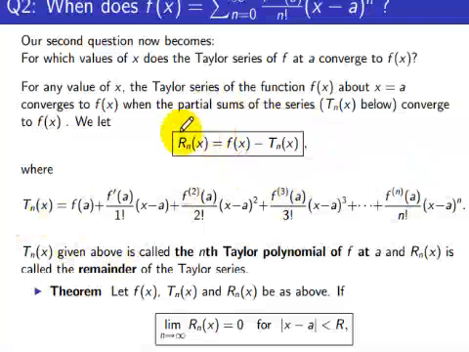So you can bound this error, right? You can find the bound for this error over an interval including this point as well, right? So I hope you understood this one very clearly now, right?